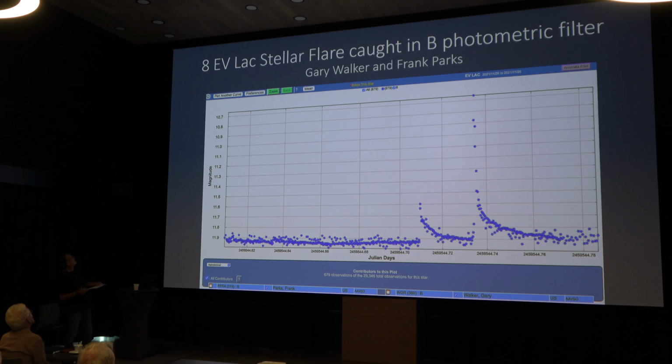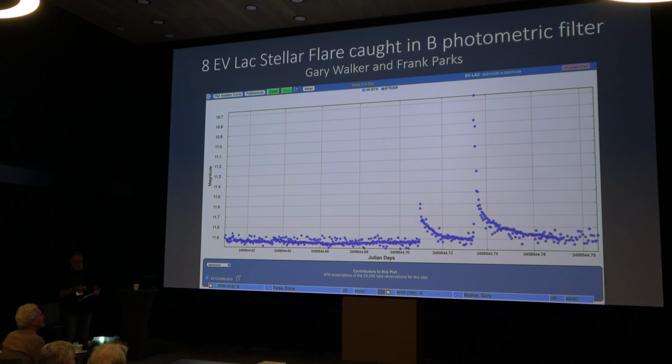Now this is one of Gary Walker and Frank Parks in America. A stellar flare caught in a B photometric filter. What does a flare look like? Well, here's an example of what a flare looks like photometrically.